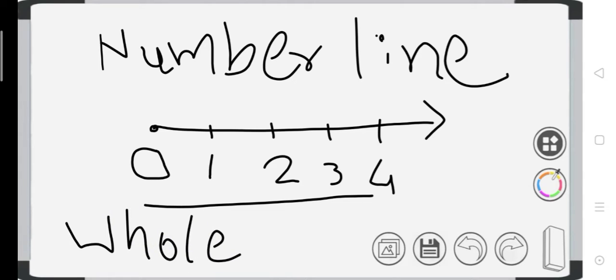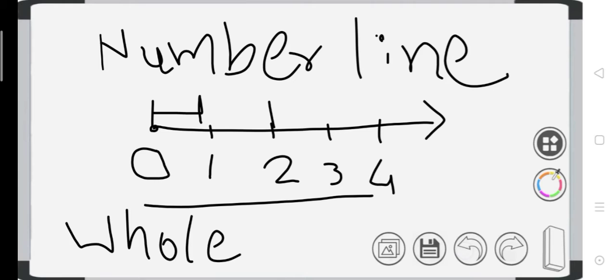Now these whole numbers we can show on the number line. The distance between 0 and 1 is called the unit distance. Similarly, the distance between 2 and 3 is also called the unit distance, because there is no number in between 2 and 3. Clear?